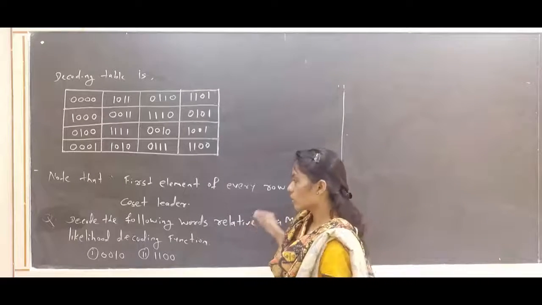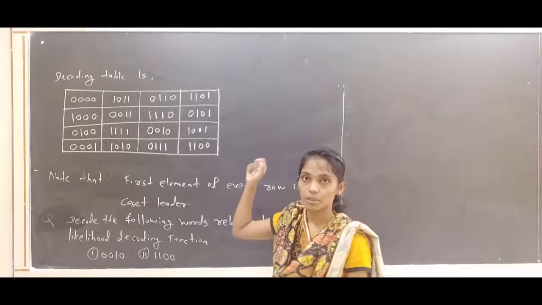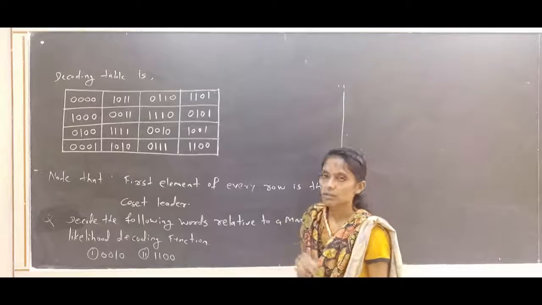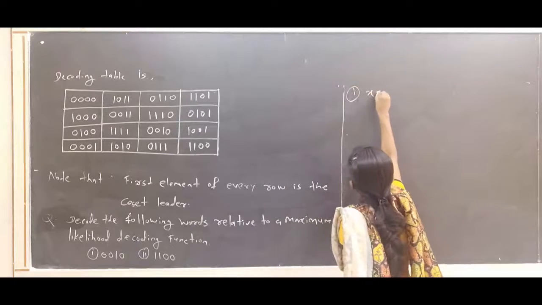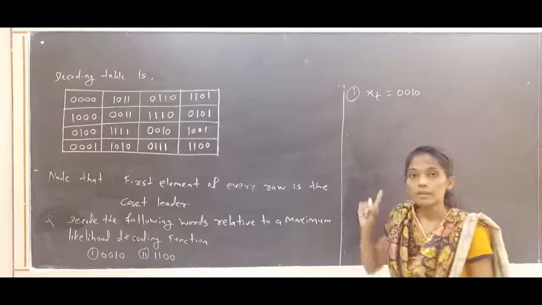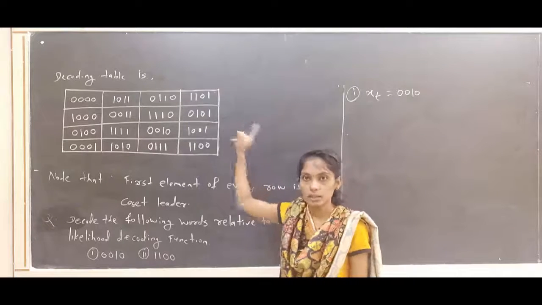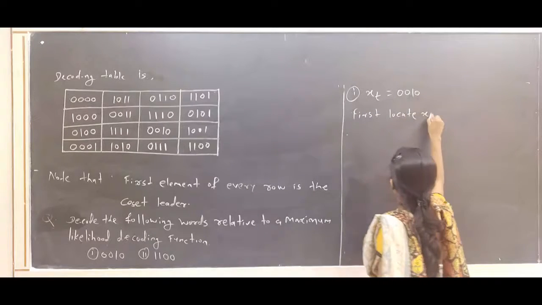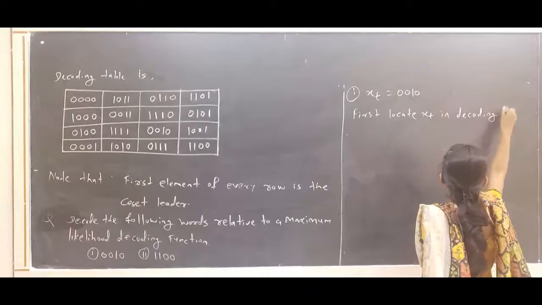To decode the words, first of all we construct a decoding table, and after constructing the decoding table, we decode the words. So for the first word, we denote this word by xt. So xt is equal to 0 0 1 0. Now we locate the position of xt in the decoding table.